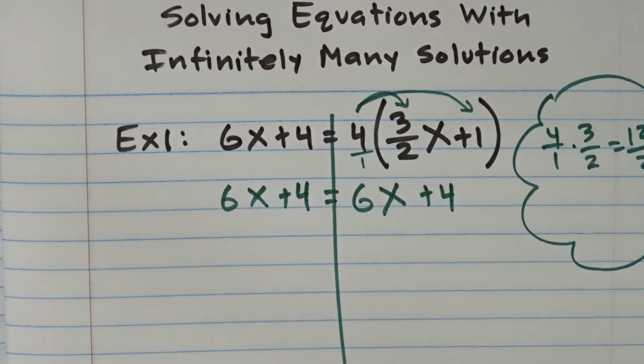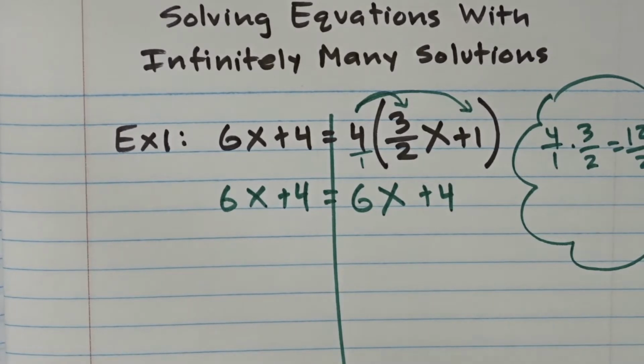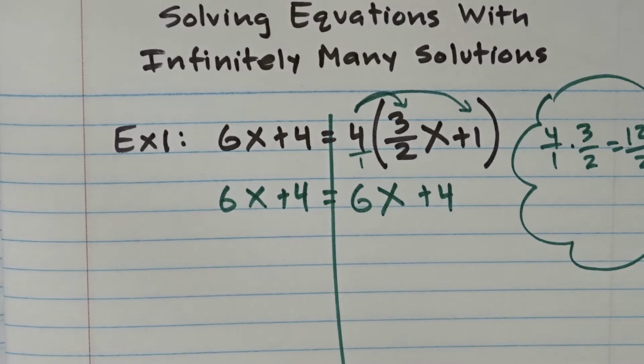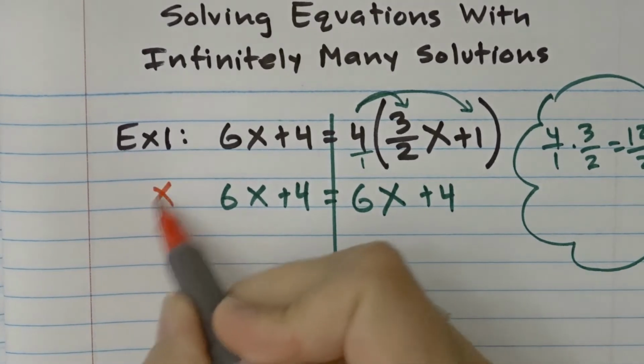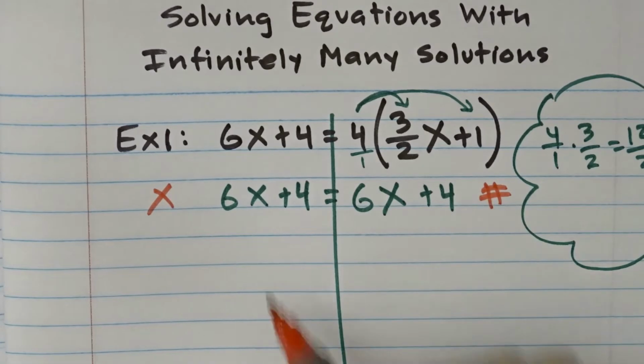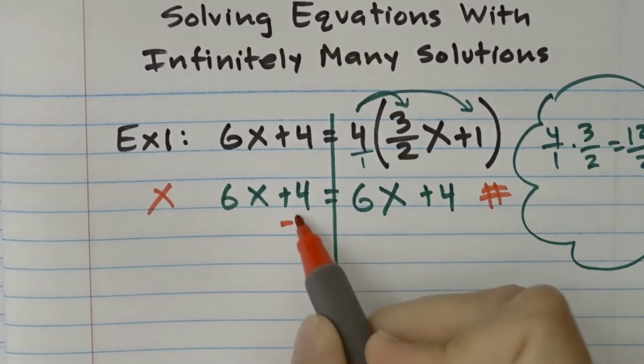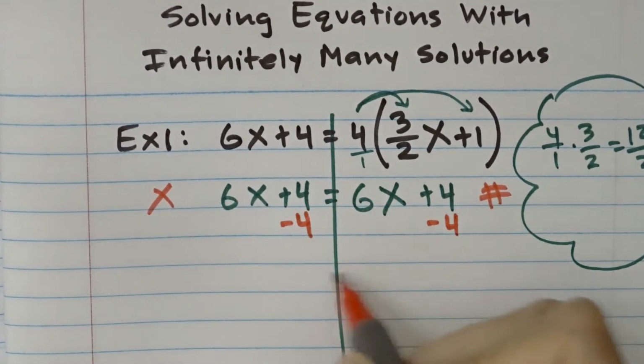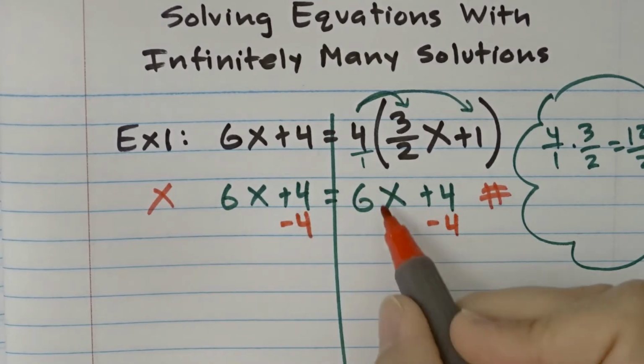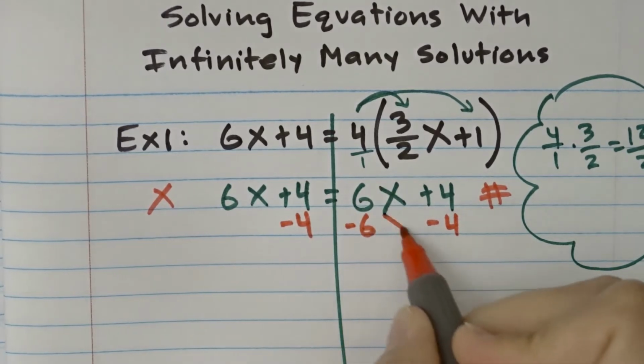So in this case, say you didn't notice and you want to continue to solve it as you usually would, this is what it would look like. I'm just going to switch colors here. I'm going to keep my x's on this side, my numbers on this side. This one's fine, this one's got to go to this side because it's an x term, so I got to get rid of that.